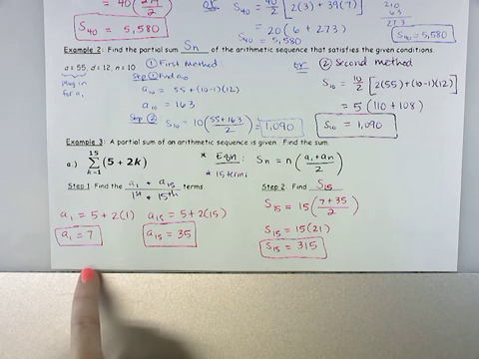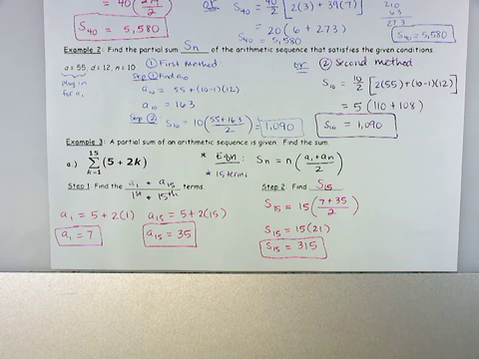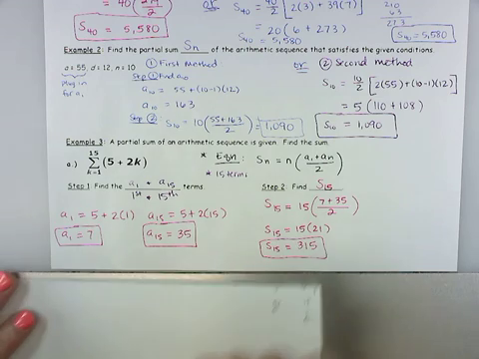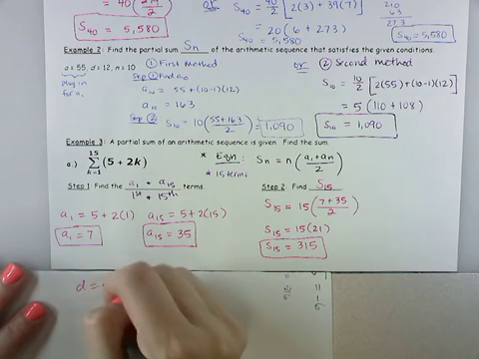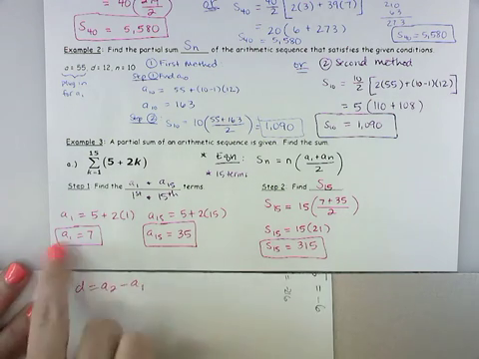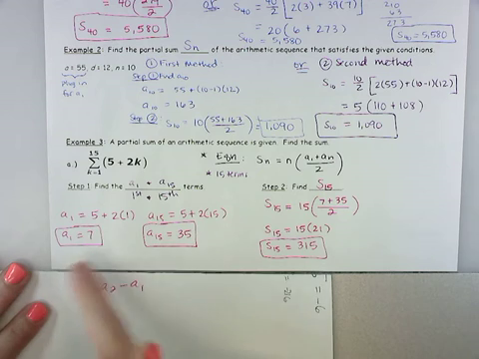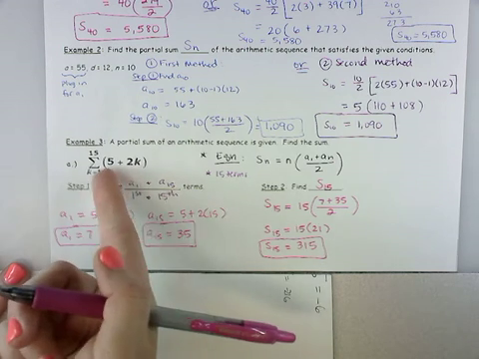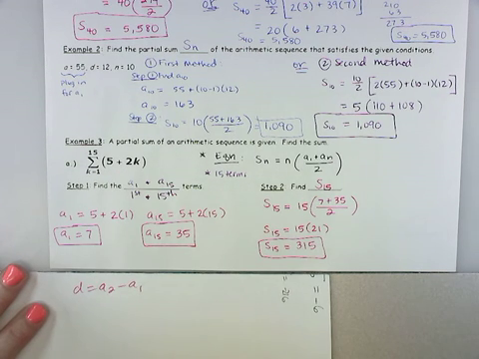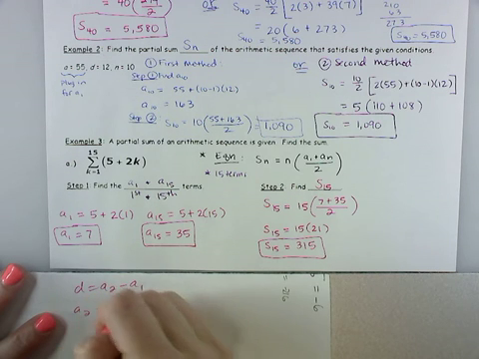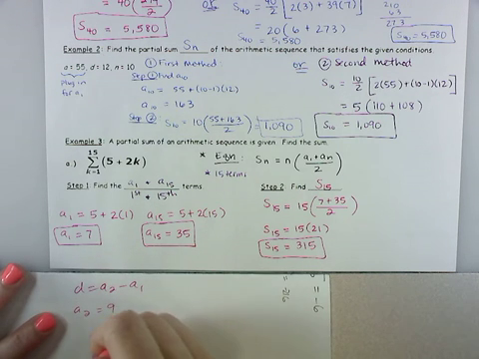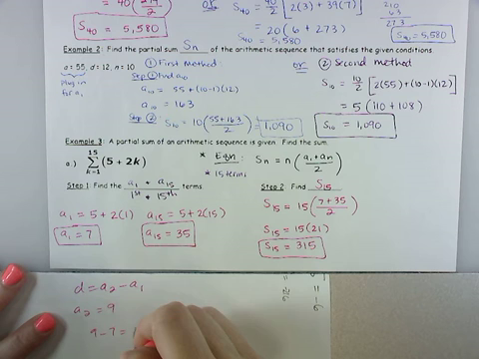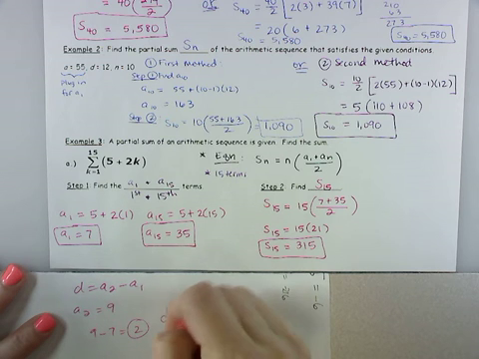Remember that you can find d by just subtracting what two things? Yeah, so couldn't I also just find a1 and a2? I already found a1. If I'm going to find a2, it's 5 plus 2 times 2, right? So a sub 2 is going to be 9. So 9 minus 7 equals what? 2. So that's my common difference.